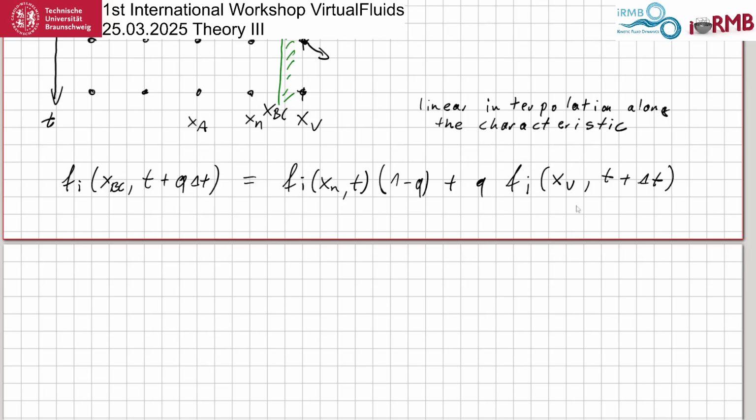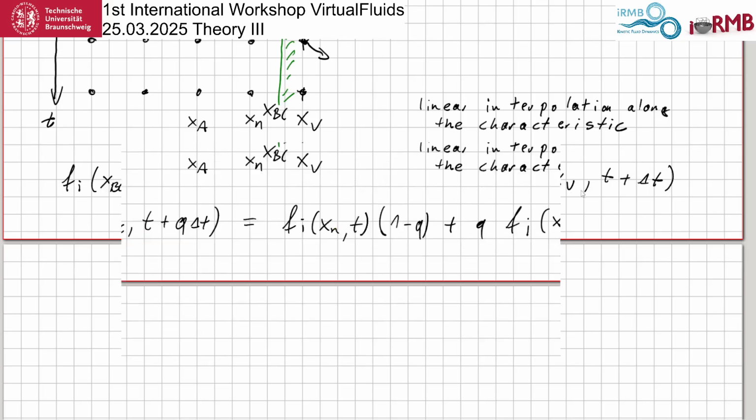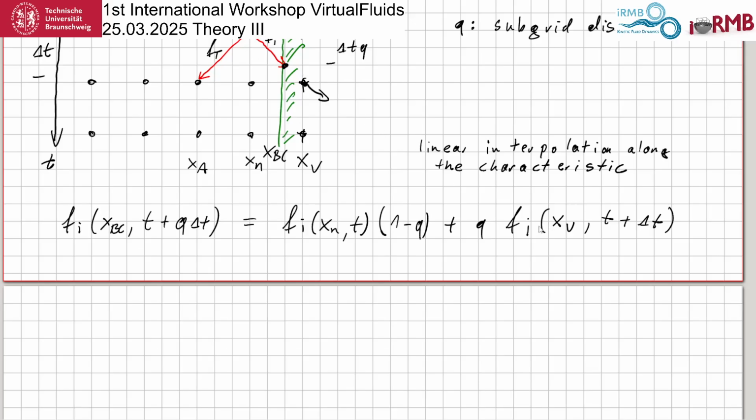So this thing here is something that we know because this is the incoming population at this node, and the incoming population at this node is the outgoing population at this previous node. That we can actually compute. So this fi at the virtual node at t plus delta t is equal to the post-collision state of xn and t.